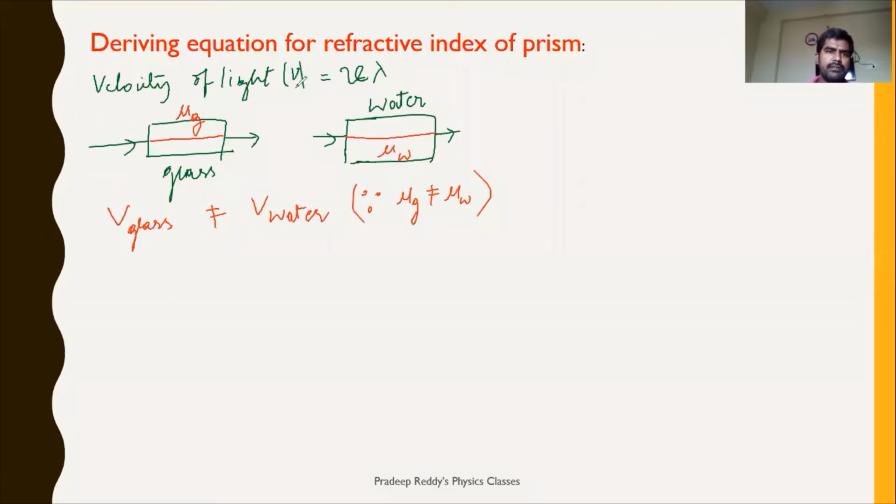Now as we know, velocity is undergoing change. When light is traveling through two different media, the frequency of light does not change, even if it is in glass and even if it is in water.